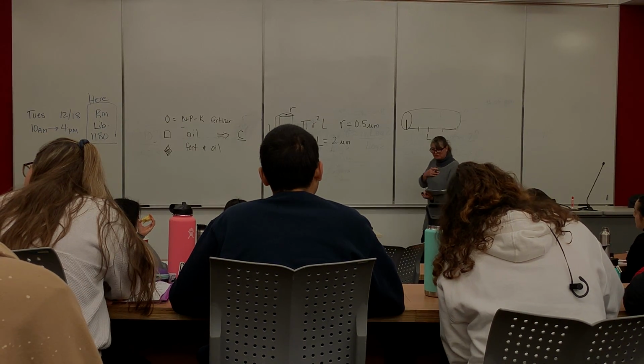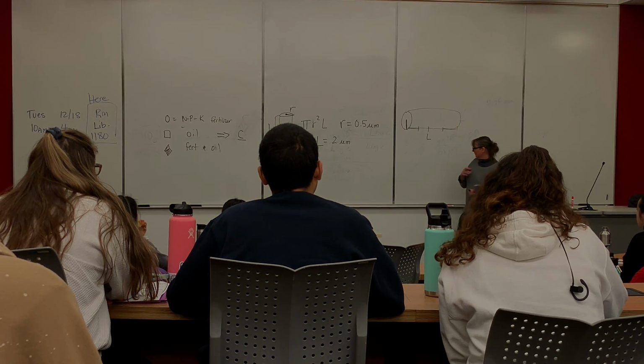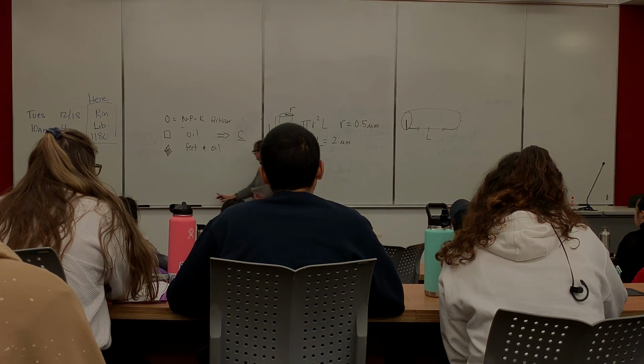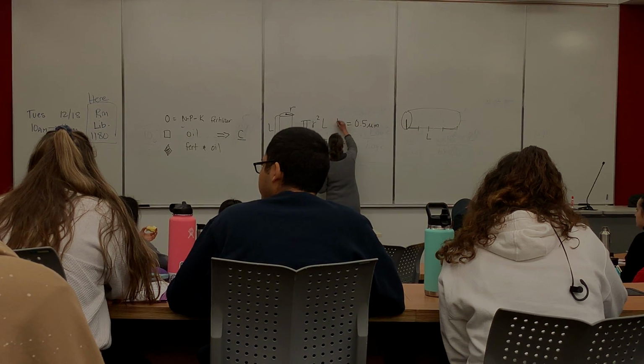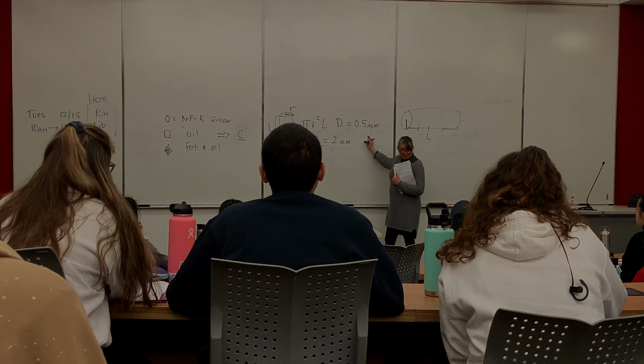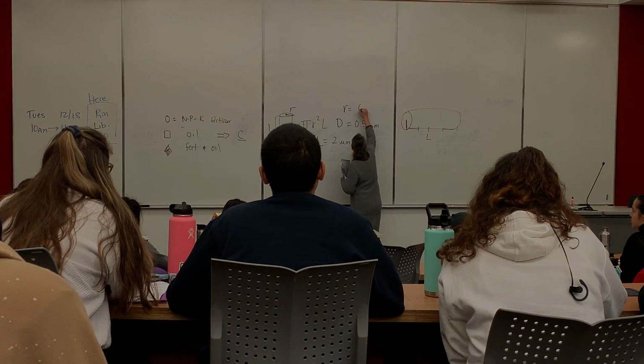Do you think the radius is more like a half and the diameter is a quarter? Okay, so we'll say the diameter is a half. Does that make you all happier for your estimates? Which would mean the radius is a quarter.